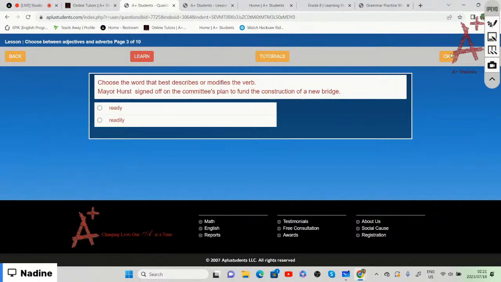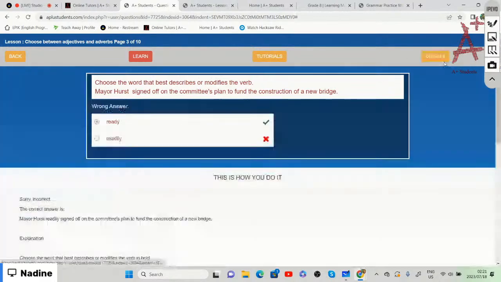We need to choose between those two words. So if we choose between those two words, ready is an adjective, right? And remember, an adjective describes and modifies a noun, so that is not correct. So we will go with readily.